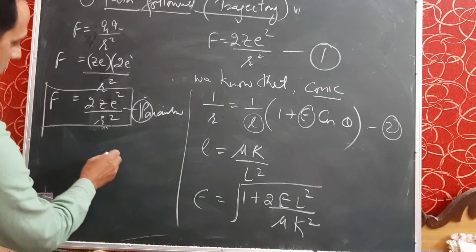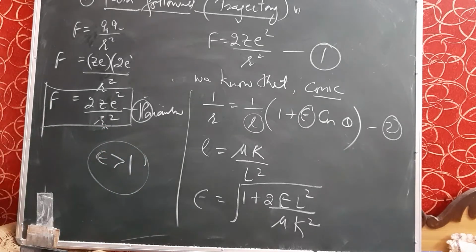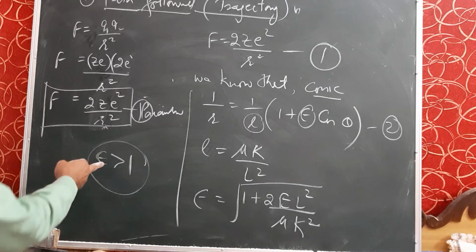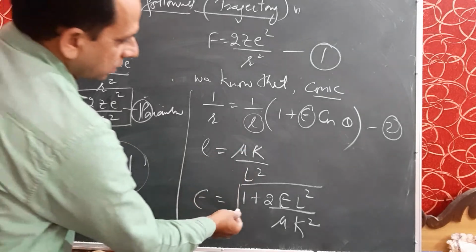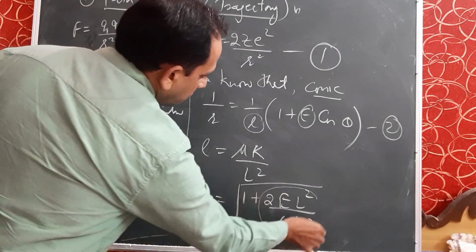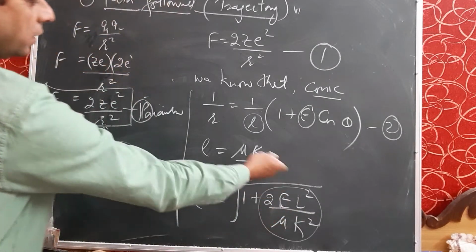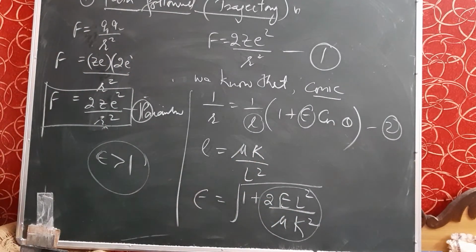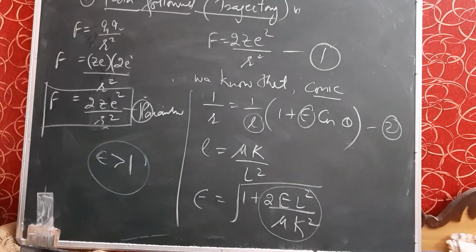When epsilon is greater than 1, the conic becomes a hyperbola. This is confirmed if the term is positive, because 1 plus any positive term is more than 1, and the square root of more than 1 is also more than 1. So we have to prove this term is purely positive.